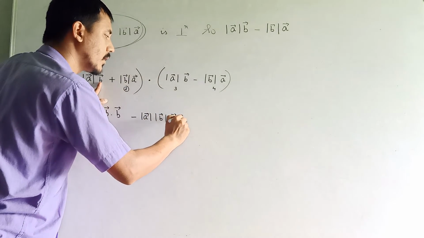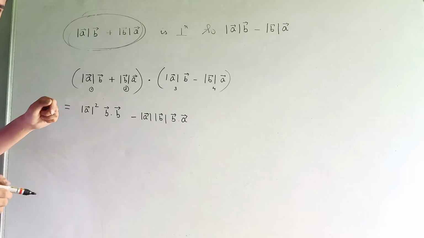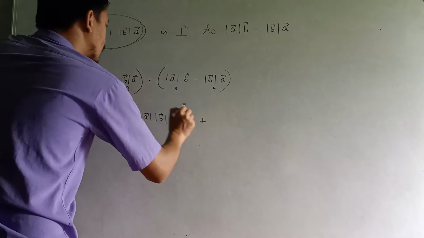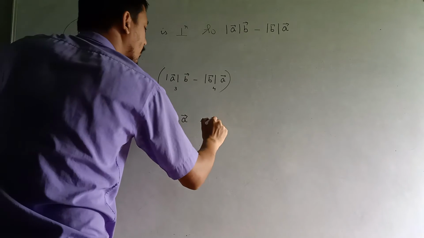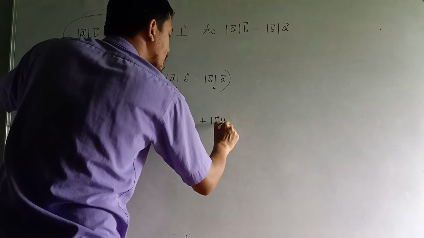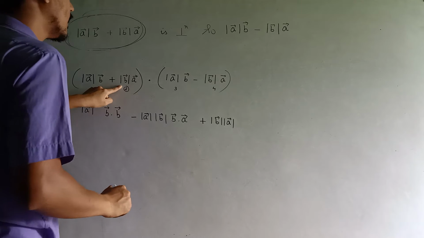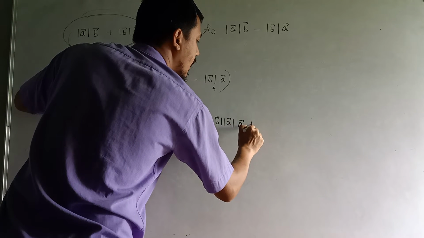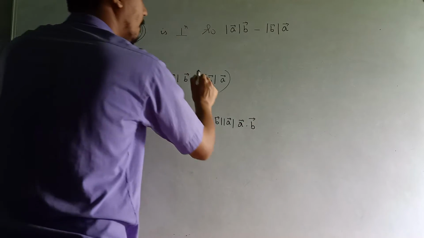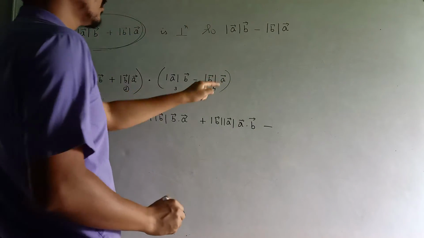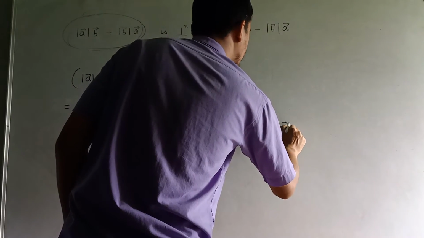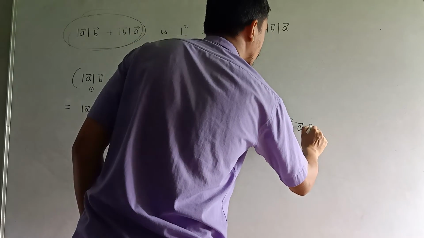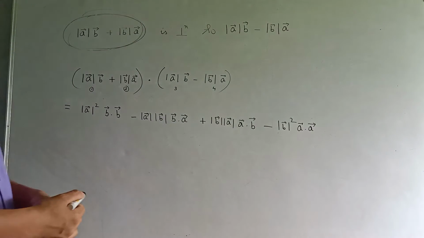So B dot A. Now plus magnitude of B times magnitude of A, and then A dot B. Minus magnitude of B square, and then A dot A. Dot product is defined only for vectors, not for scalars.